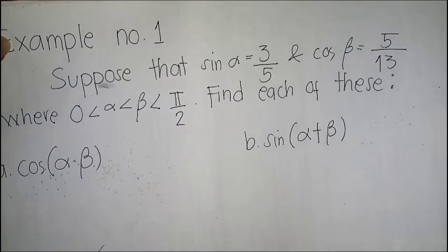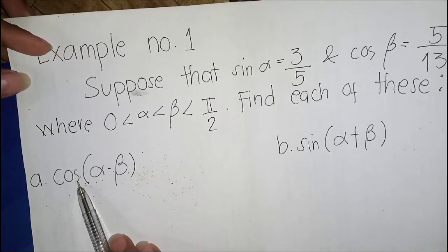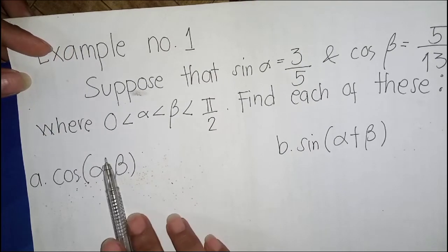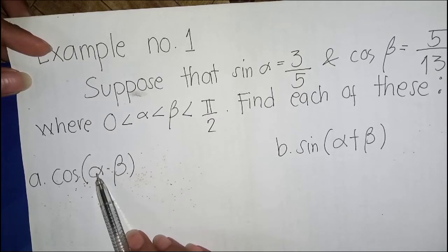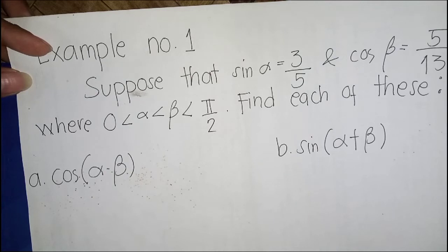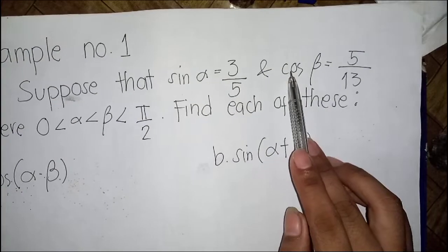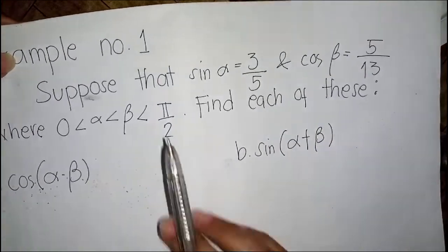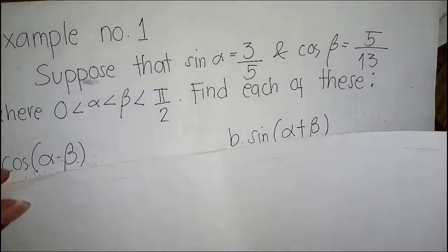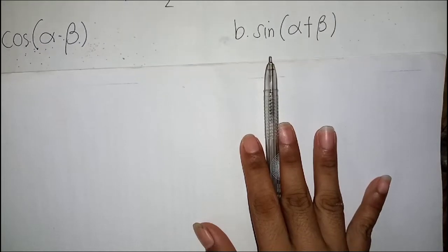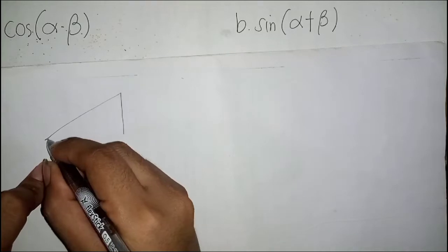So first, let's find what is inside cosine alpha minus beta. First, pangitaan nato ang sine beta and ang cosine alpha. So, right triangle.